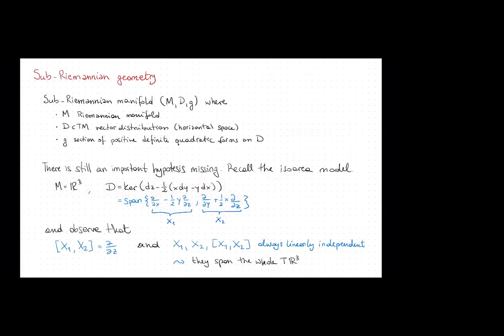So we have a basis for our distribution, which is a 2-dimensional vector space spanned by 2 vectors. If you take these 2 vectors and their commutator, so if you look at their commutation relation, you find out that you get a 3rd vector out. And this vector is linearly independent from both of those. So the commutator of objects in that kernel escapes the kernel.